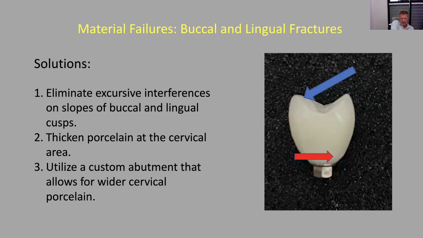If you design a restoration that's going to get traumatized with lateral forces, or as we're about to get into, cantilever forces, and the material at the base is really thin, it's going to be very susceptible to fractures. We can utilize a custom abutment that allows for wider cervical porcelain. A lot of times you end up with very thin margin abutments. You may want to go to an abutment with a thicker margin that allows for more restorative material.